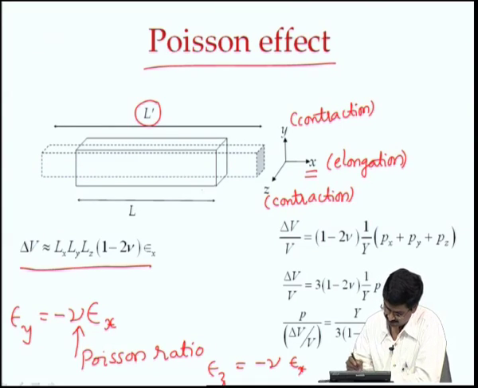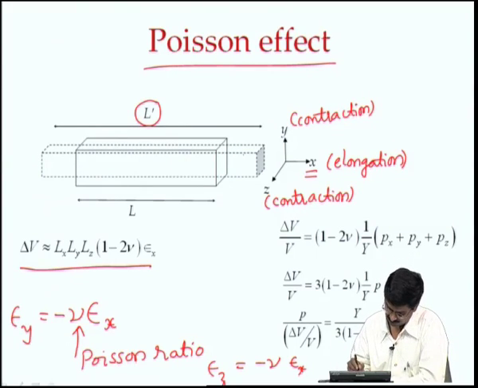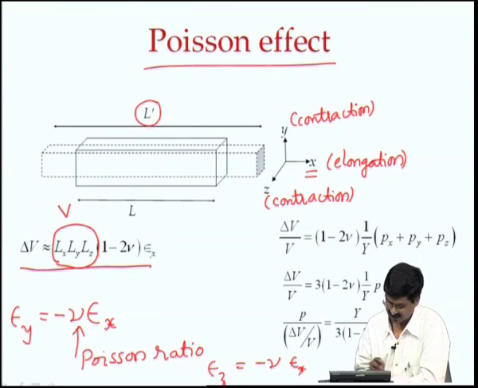Now, I have written the strain in the x direction and y direction and z direction, and if I look at the total volume of the new one and the old one, if I take the difference approximately, if I neglect the higher order effects, then it will be the volume Lx, Ly, Lz, length in the x direction, length in the y direction, length in the z direction, that is the original volume V. Now, new volume is 1 minus 2 nu epsilon x, that comes because these other strains that are created.